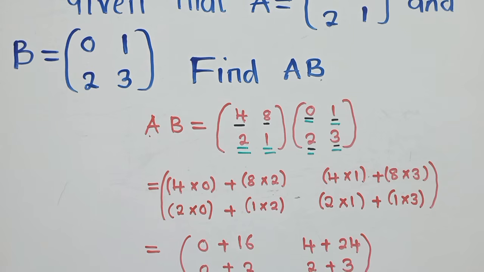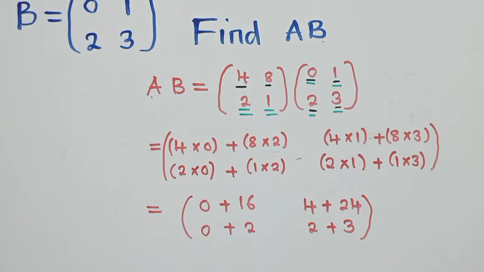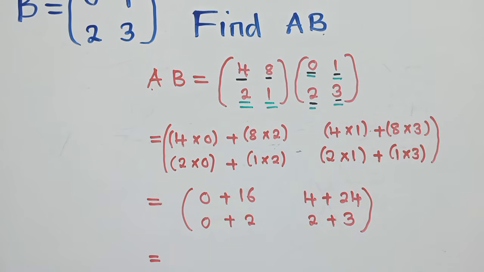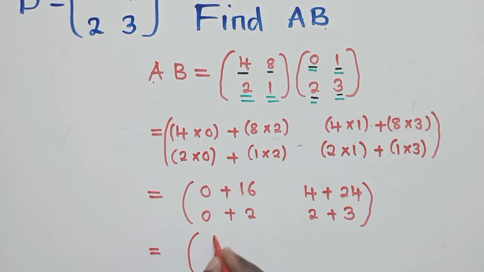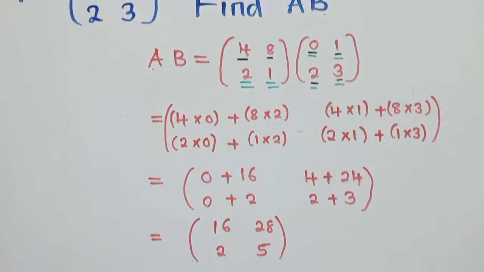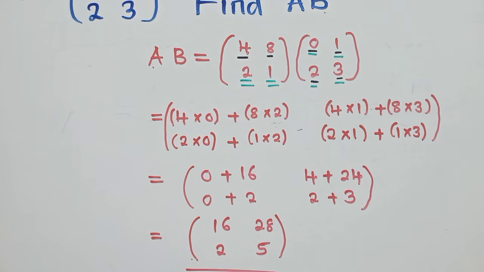Make sure your multiplication is properly done, and your addition at this stage, since we're adding now, must be properly done. You're almost done. This is the last part of working out. So having 16, 28, 2, and 5, this is our solution.